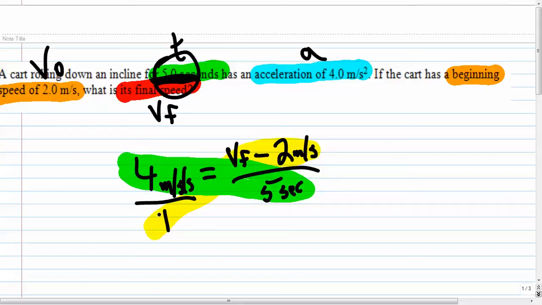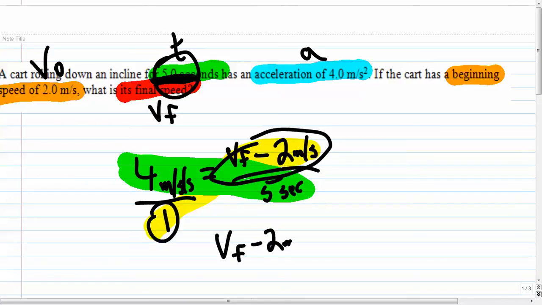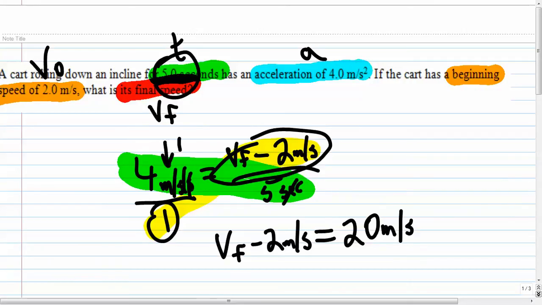So 1 times anything is the same thing, so I'm going to have VF minus 2 meters per second equals 4 times 5, that's going to be 20, but one of my seconds is going to cancel, so that's going to be 20 meters per second. See how that happened? I've got meters per second squared, and that got multiplied by seconds. So since this seconds was on top, and these are both on the bottom, one of them is going to cancel.